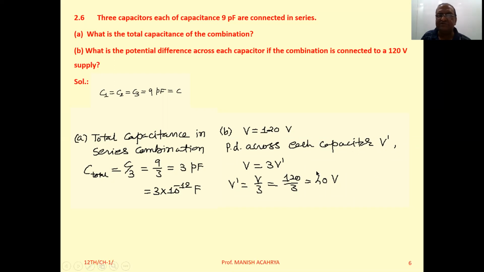Suppose it is V dash, then the resultant V is 3V dash. So V dash, the potential difference across each capacitor, is V by 3. So that is 120 by 3 equal to 40 volt. Clear?